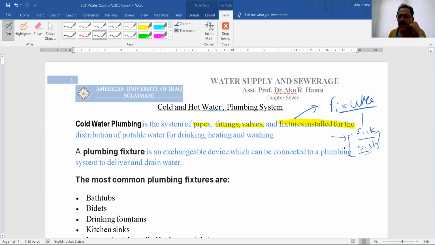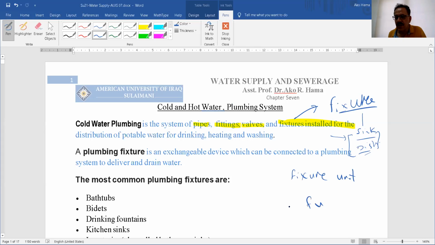But there is a standard that you can combine between them. You can say if I have a sink and a dishwasher together, there is a certain amount, or we can do it in a fixture unit. This is called a fixture unit.